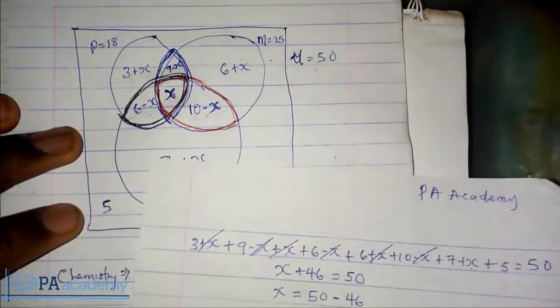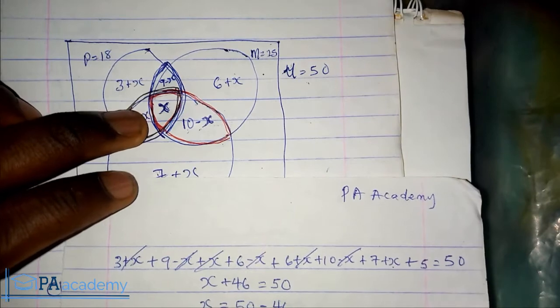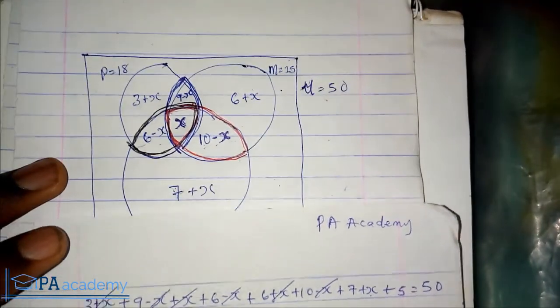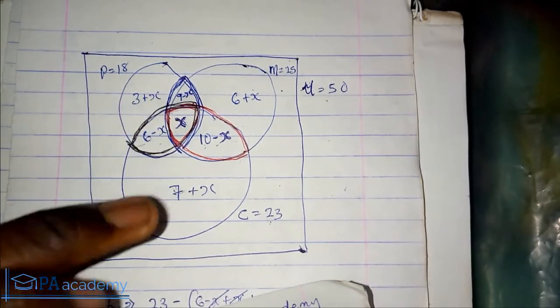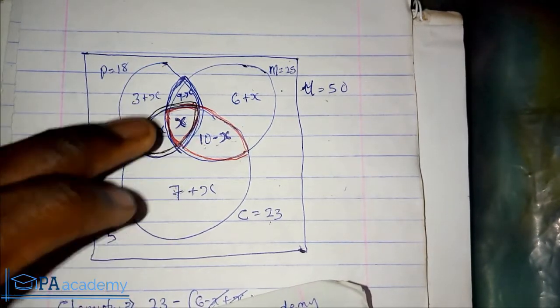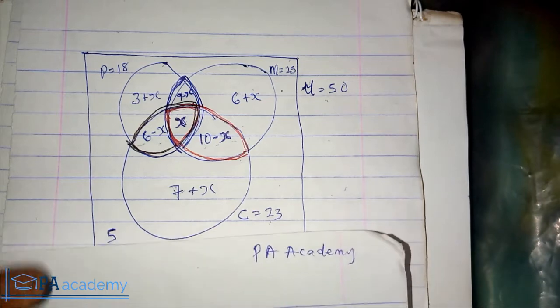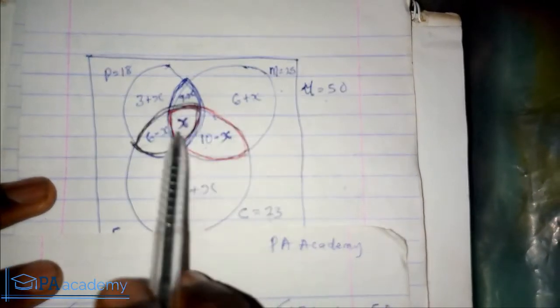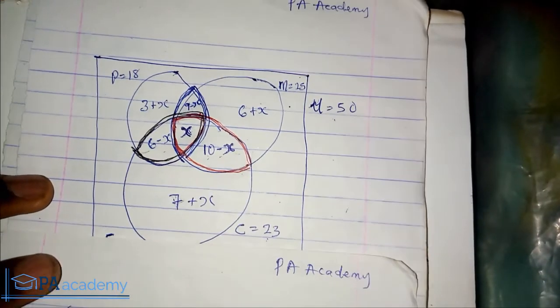So that means those that studied all the 3 subjects is equal to 4. Before we do that, the next thing we are going to do is redraw this Venn diagram and then substitute the value of x so that we can get the actual value for all of these elements.